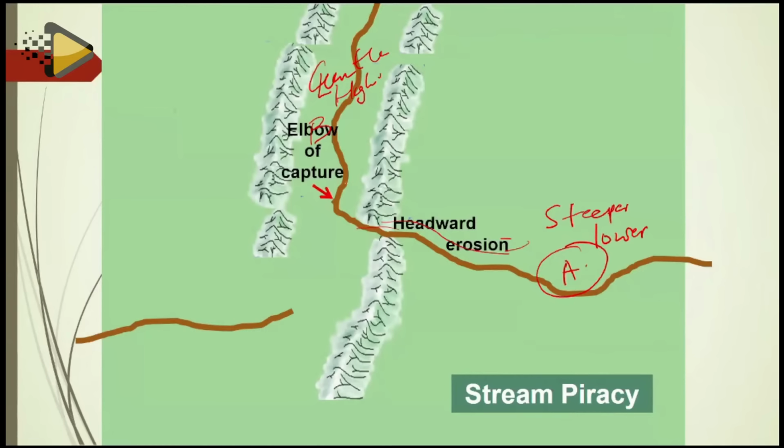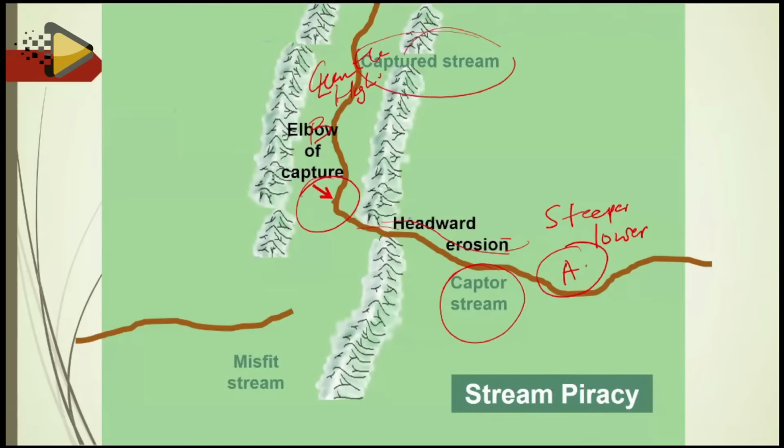Number one, this is the point where these streams joined, which we call the elbow of capture. This river that has taken water of another stream is called a captor stream. This stream that has been diverted to the stream flowing on a lower lying area is called the captured stream.